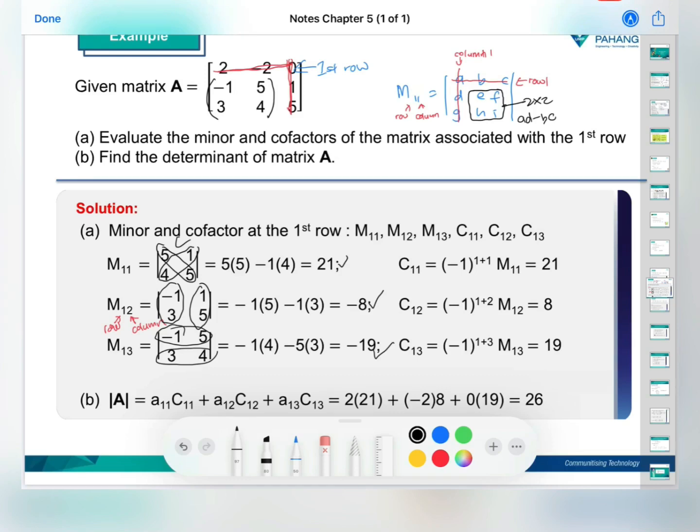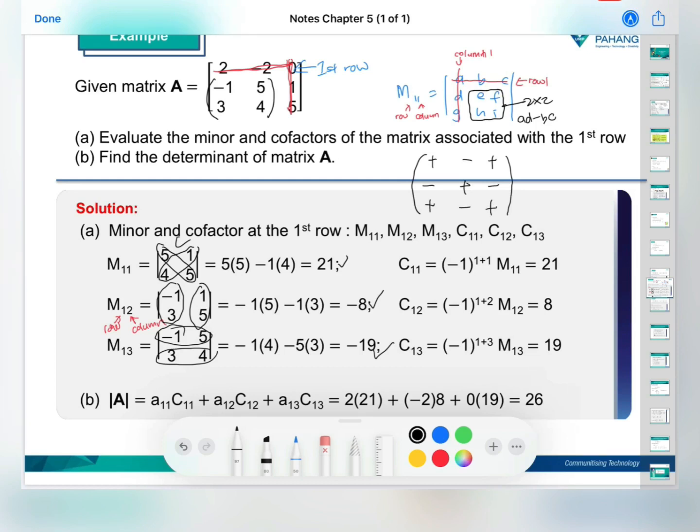Okay, for C11, C12, and C13, you don't have to remember the formula. There's an easy way actually. You remember this pattern: positive, negative, positive, negative, positive, negative, positive, negative, positive.